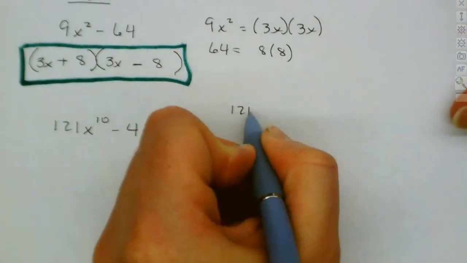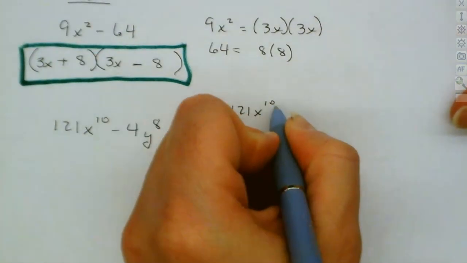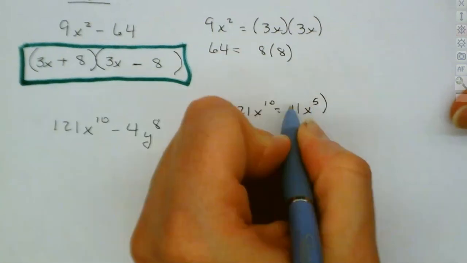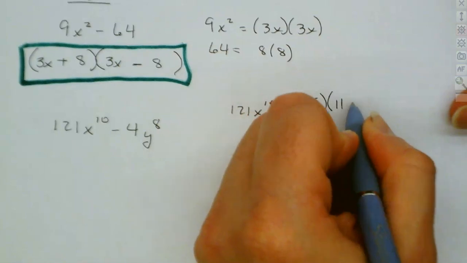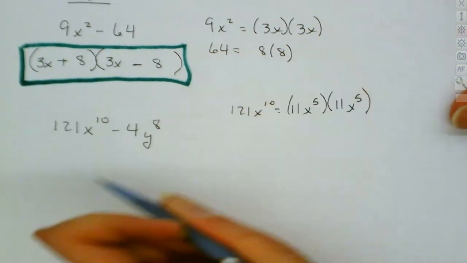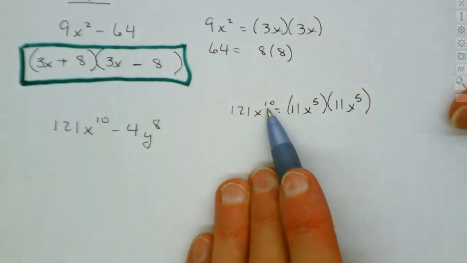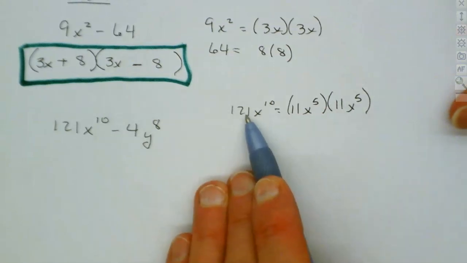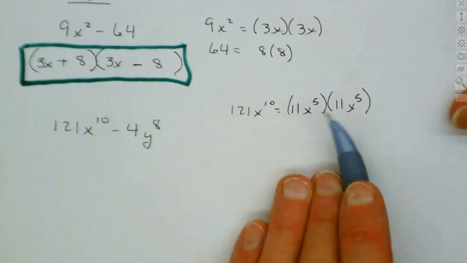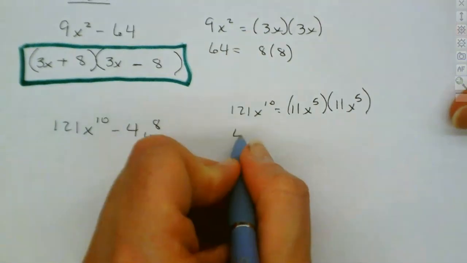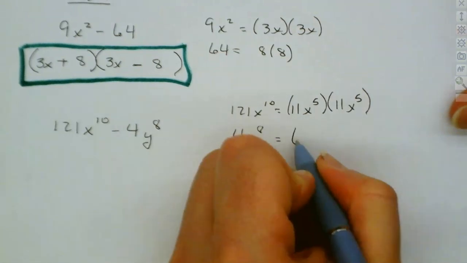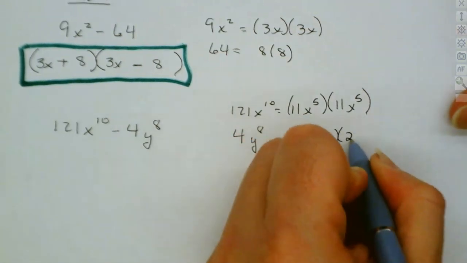So 121x to the 10th would split up into 11x to the 5th, and 11x to the 5th. Because we take our exponent, our power of 10, and we split it up into 5 and 5. And then 121 is a perfect square of 11. Then we have our 4, y to the 8th, and 4 is a perfect square of 2.